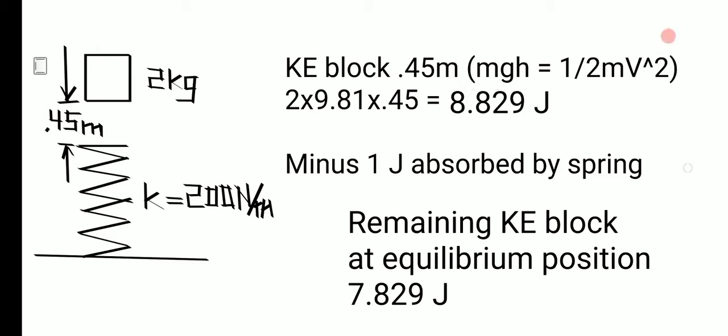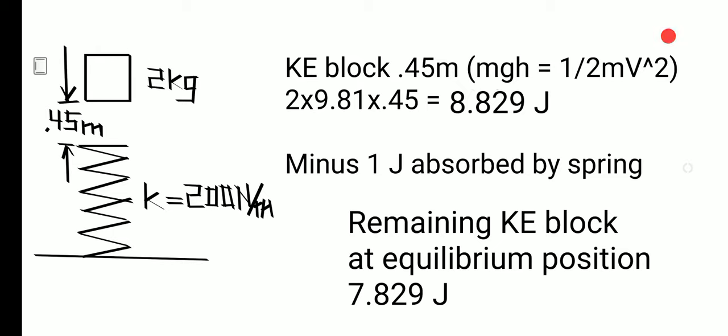So we're using the conservation of energy due to gravity, so we don't have to use the one-dimensional acceleration equations. We say mgh, m is 2, g is 9.81, h is 0.5. We get 8.829 joules. That's the change in your potential energy, which equals your kinetic energy. Conservation of energy. That's why we can do this.